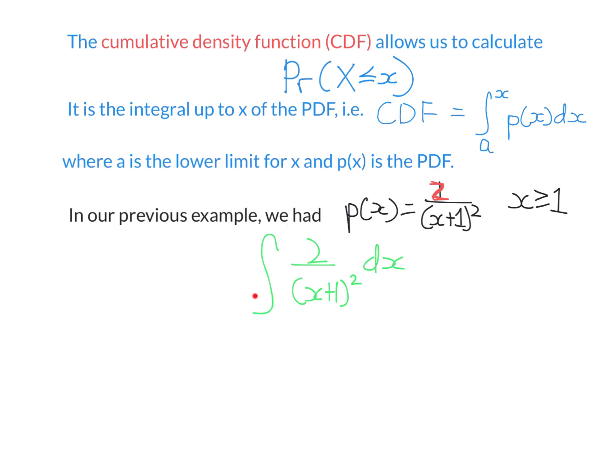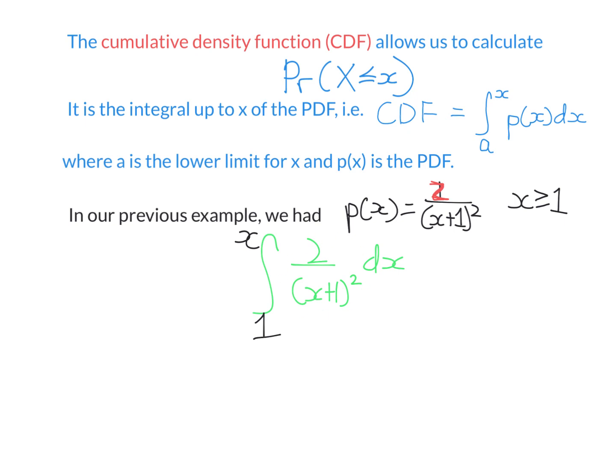Well, what goes here is the lower limit of x. Remember, we said that x has to be greater than 1. It doesn't matter whether x is greater than 1 or greater than or equal to 1, because the probability x equals 1 is 0. So this is the lower limit, and I integrate up to x.